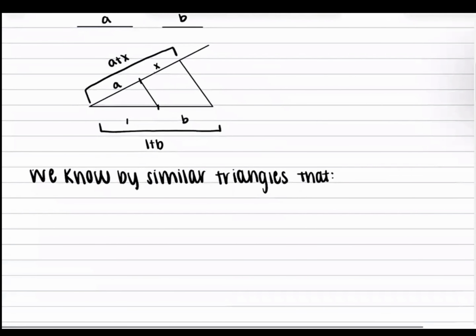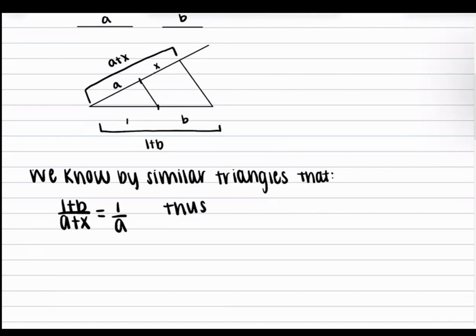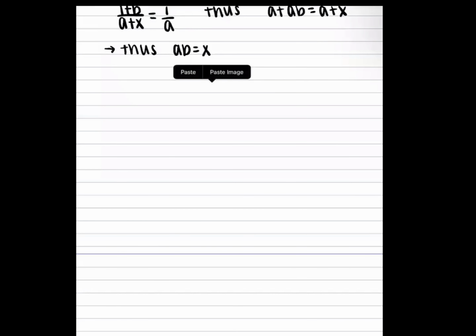That 1 plus B over A plus X is equal to 1 over A. And thus A plus AB is going to be equal to A plus X, and thus subtracting that A from both sides, we would get AB is equal to X, and thus we have shown that A times B is constructible.